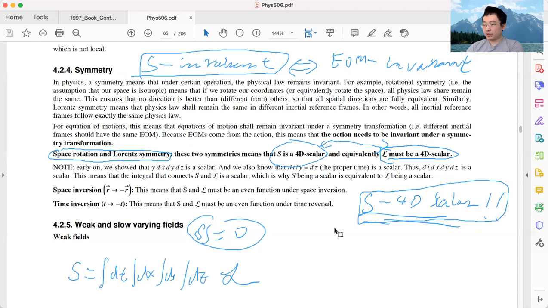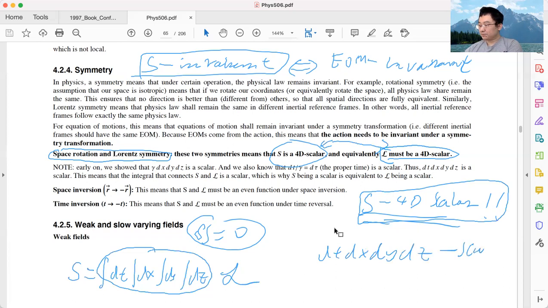And this 4D integral measure, dt, dx, dy, dz, is a scalar. Okay? We mentioned this in the previous chapter when we defined the 4D Lorentz boost. dt, dx, dy, dz stays invariant under spatial rotation or Lorentz boost. And to see this, it's actually quite straightforward.